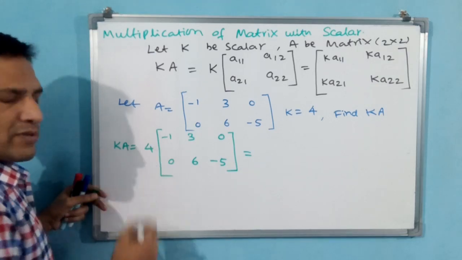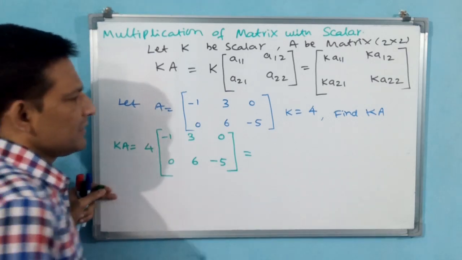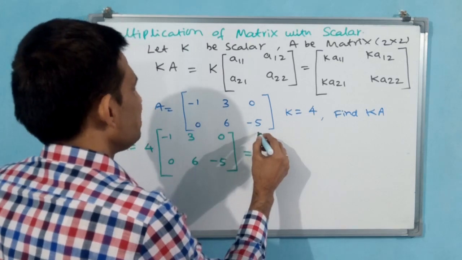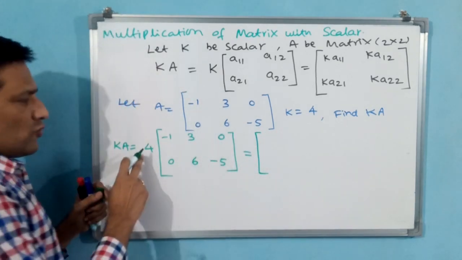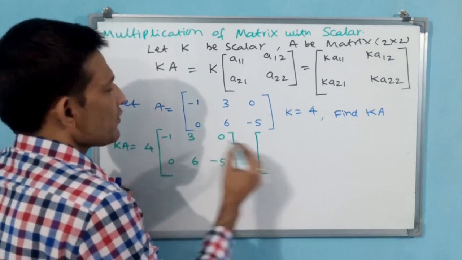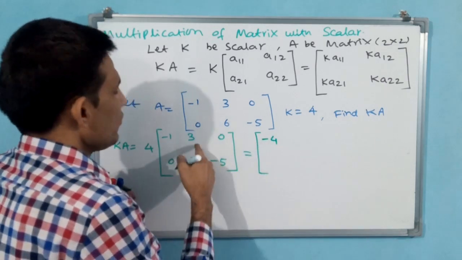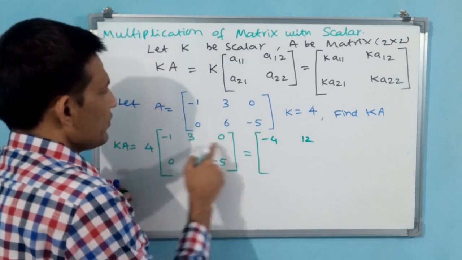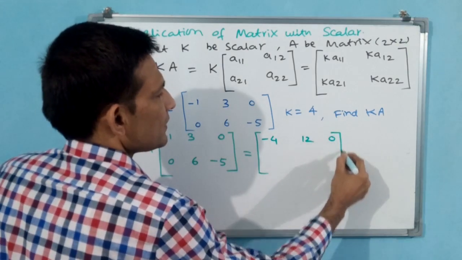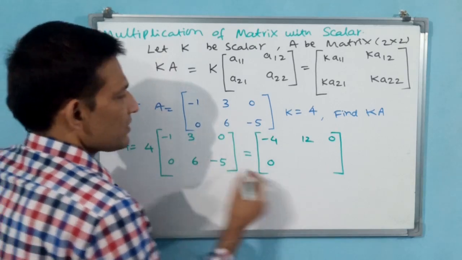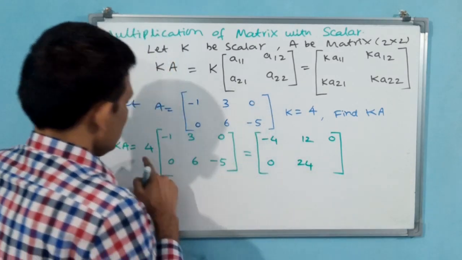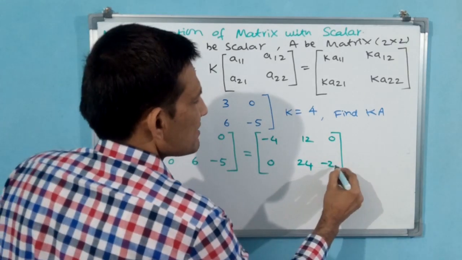Don't put any symbol, means multiplication, or else you have to give plus. Okay. Now you send the 4 inside. 4 into minus 1, minus 4. 4 into 3, 12. 4 into 0, 0. 4 into 0, 0. 4 into 6, 24. 4 into minus 5, minus 20.